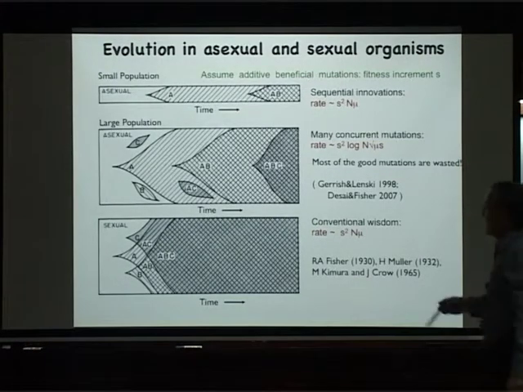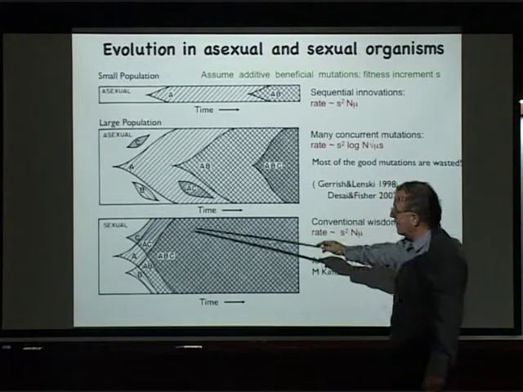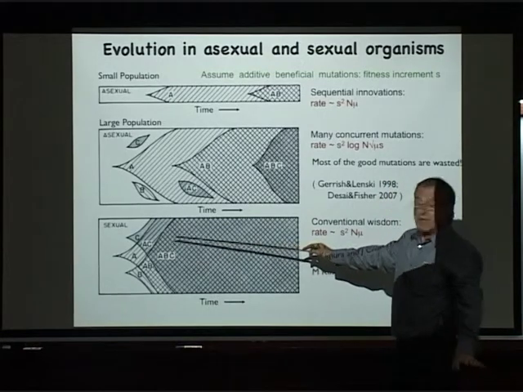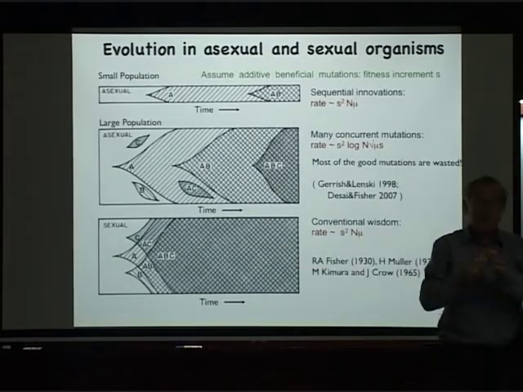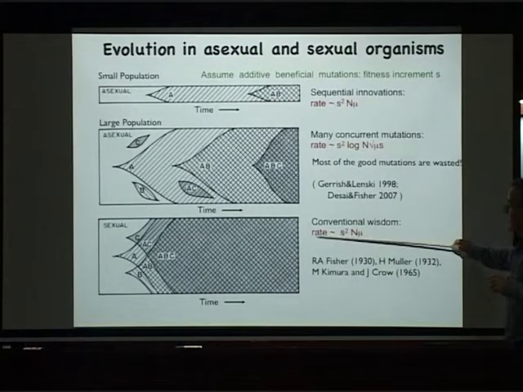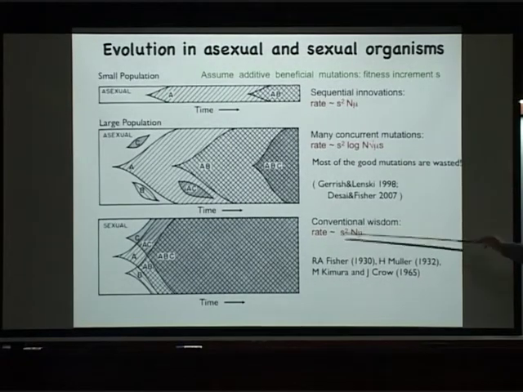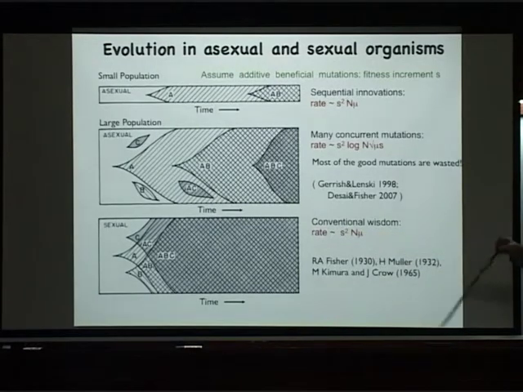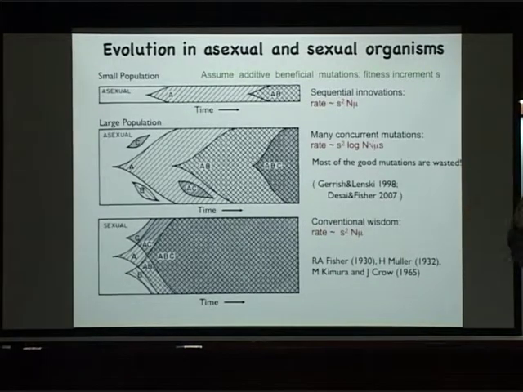And now in this happy family, no beneficial mutations are lost. All of them are incorporated into the future of the population. This conventional wisdom would then say that with the benefit of sex, one recovers the linear dependence of the rate of adaptation on the influx of mutations.